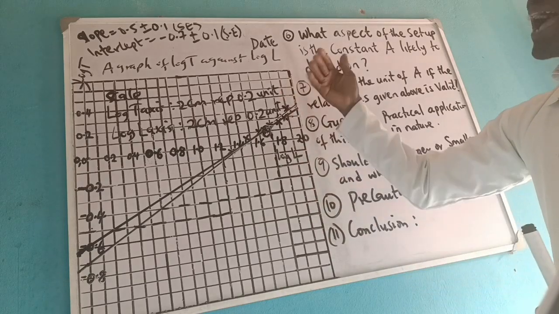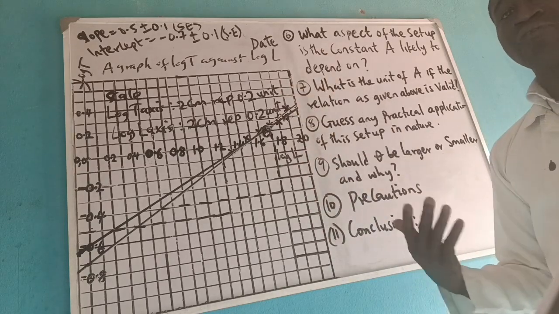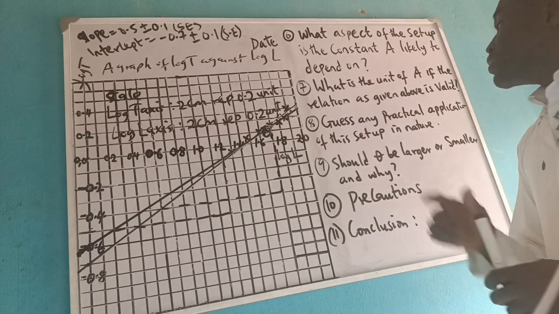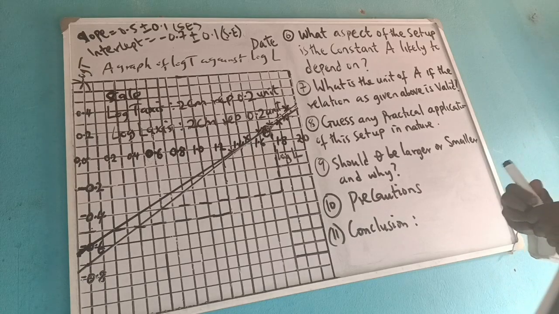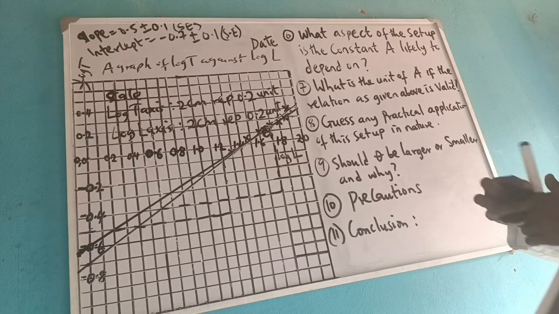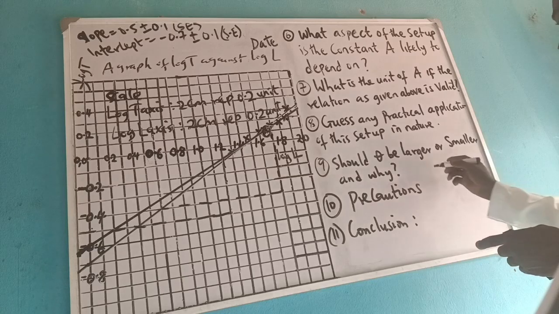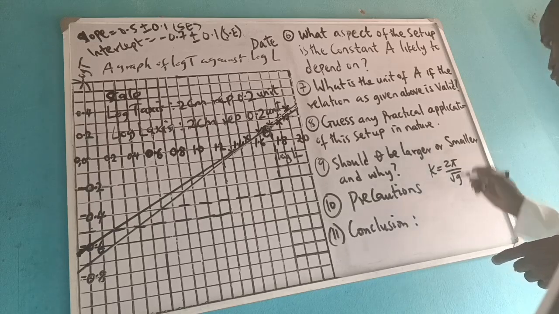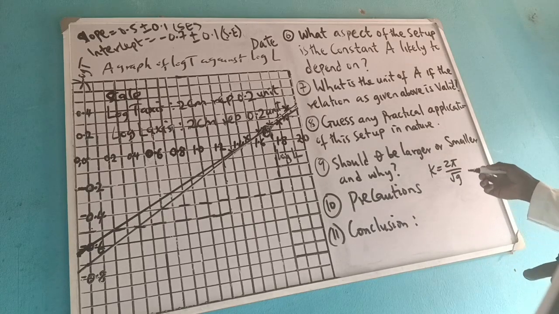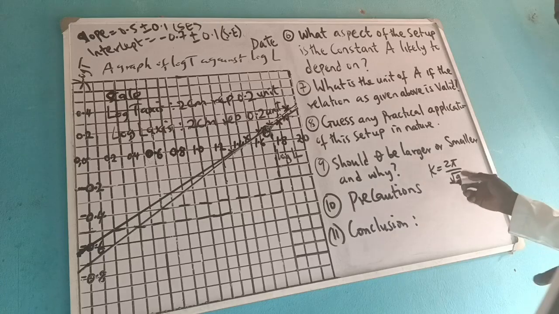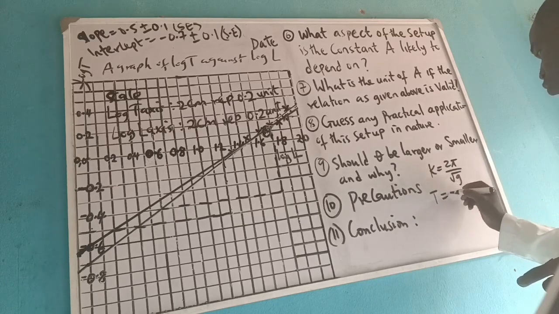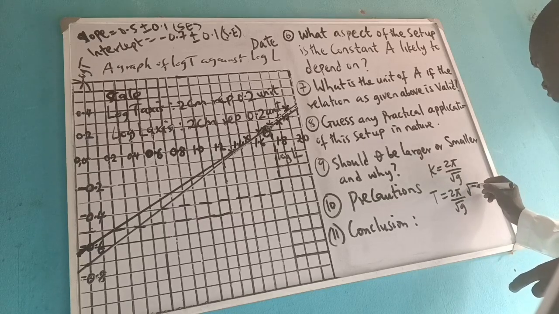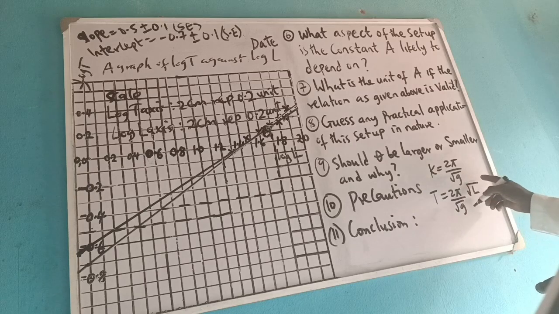One can equally be asked to deduce the acceleration due to gravity from this experiment. Remember, when we were deriving the formula, k is equal to 2 pi over root g. It is from solving T equals 2 pi root L over root g.